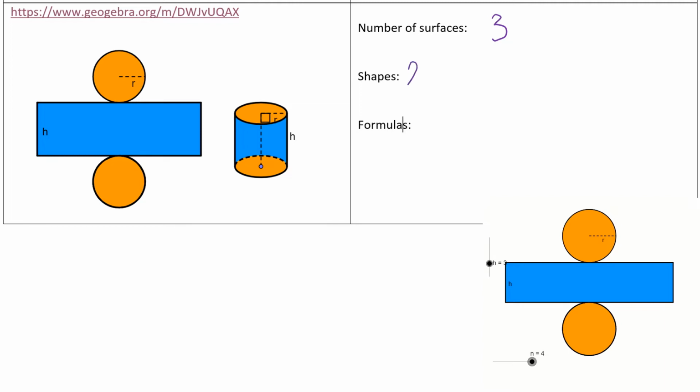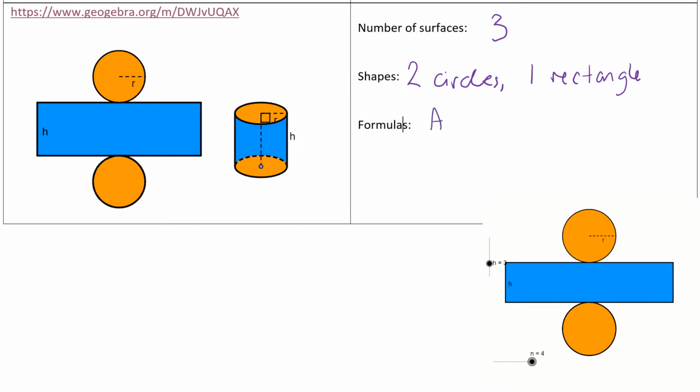We've got 2 circles, 1 rectangle. That's not how it's spelled. Let's try that again. Rectangle, that's better.